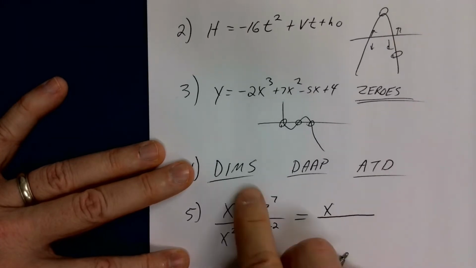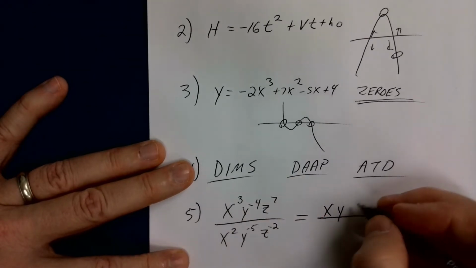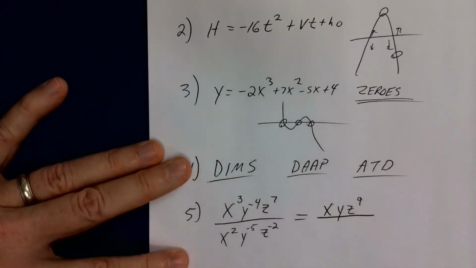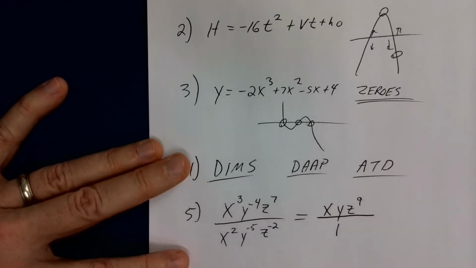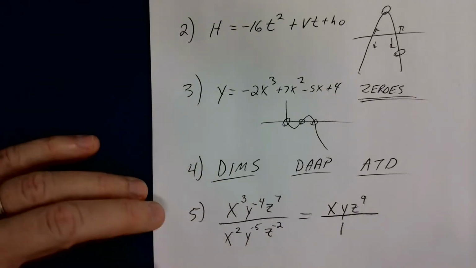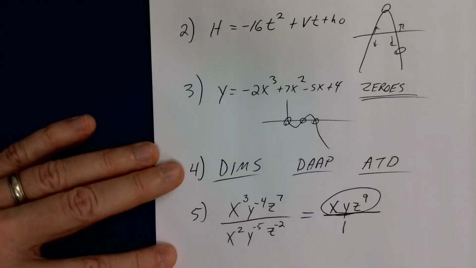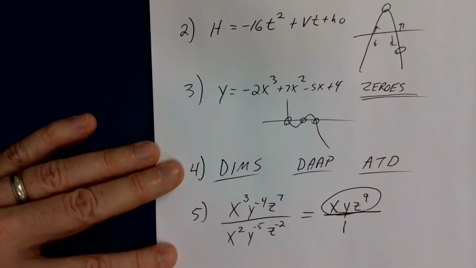These 4 go down, those 5 go up, and leaves a y on top. There's 7 z's here, and 2 of them, when they go through the fraction bar, become positive. So that'd be a z to the 9th. That would all be over 1. If you had letters left downstairs, you could do them, but this one doesn't have it. So if you want to, you can just write that as your final answer.